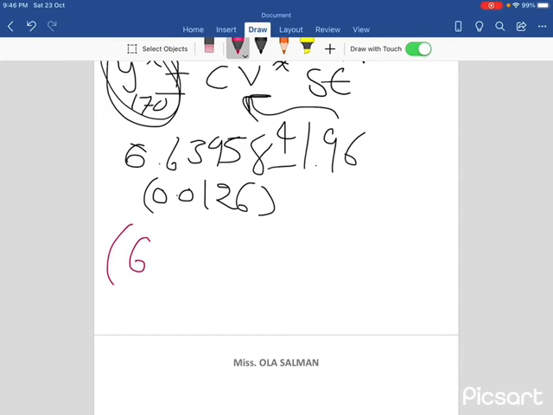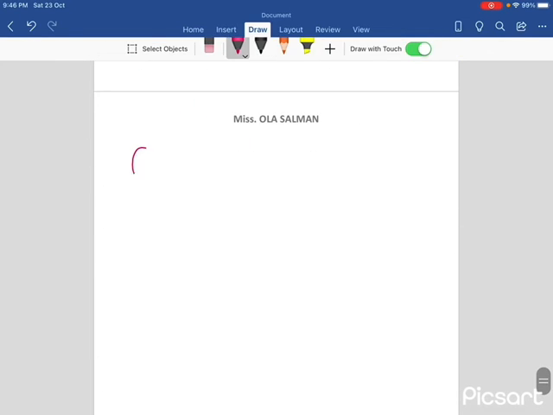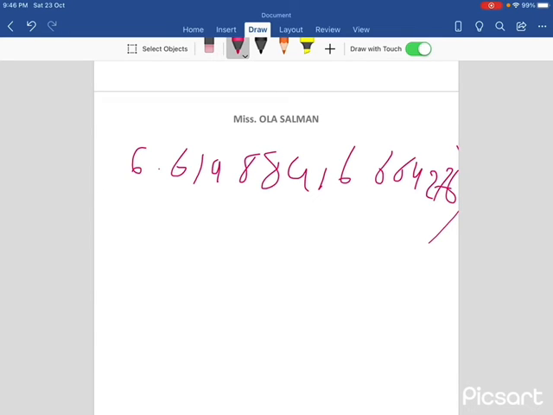You will find 6.614884 and 6.664276. This would be the calculated 95% confidence interval for y hat star 170.